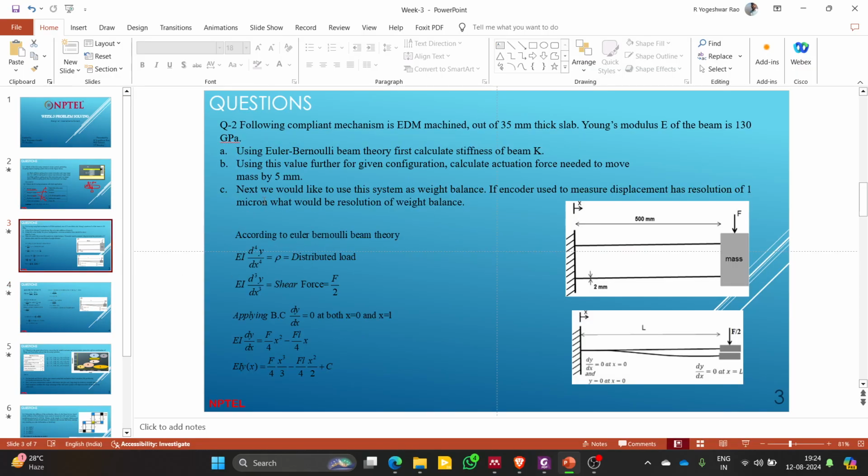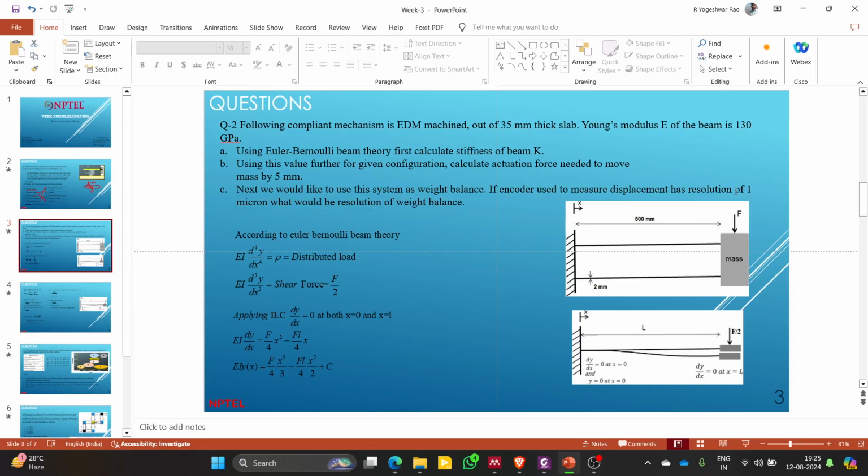They're asking next: you would like to use the system as a weight balance. So instead of F, they will put some kind of a mass. And if the encoder is used to measure displacement at a resolution of 1 micron, then if we put some mass here, it is deflecting, and that deflection is measured by some kind of an encoder which has a resolution of 1 micron.